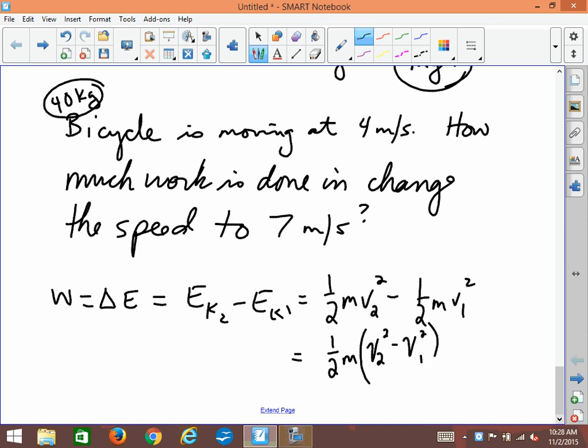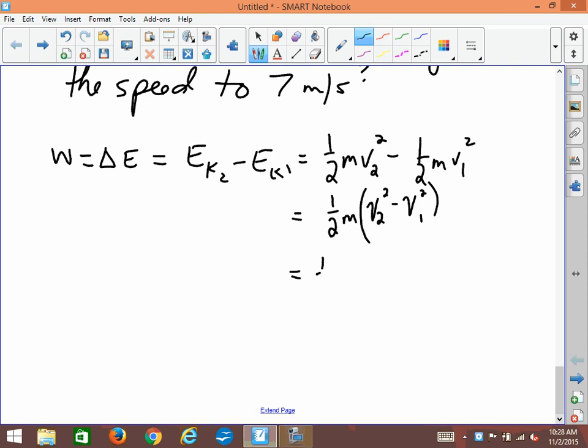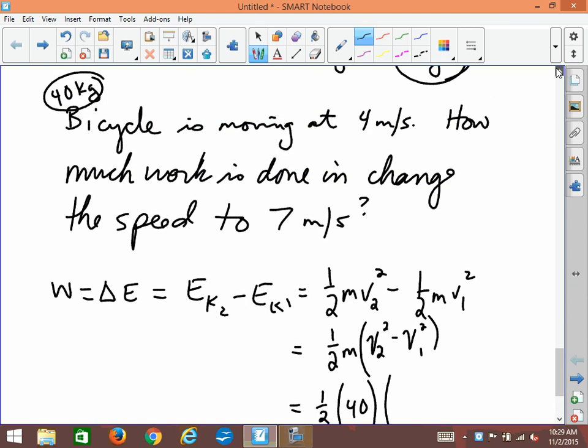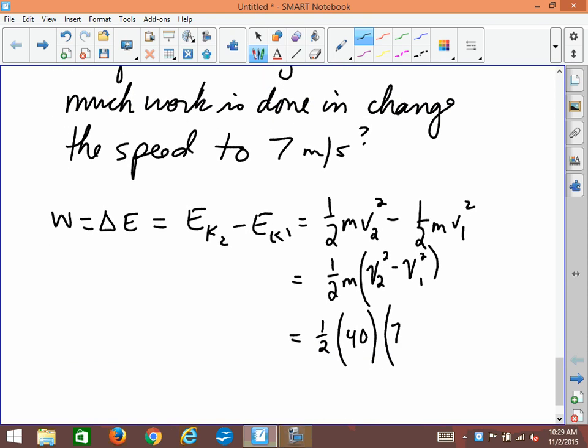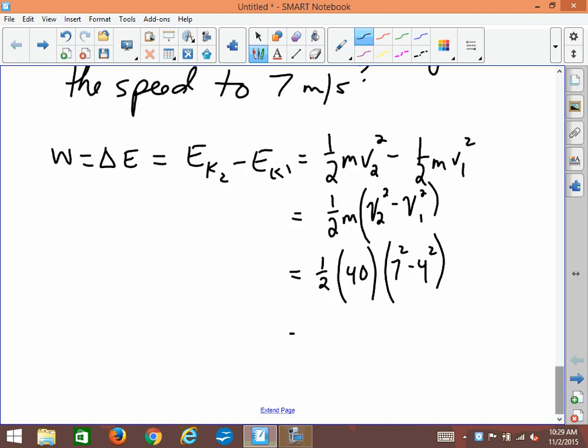Then you can solve that by doing 1/2 of the mass, which I said was 40, and the 2 speeds, 4 and 7. So the second speed is 7 squared minus 4 squared. Then we get a change in energy of 20 times, and 49 take away 16 is 33, I believe, right? So 20 times 33 is 660 joules of work done.